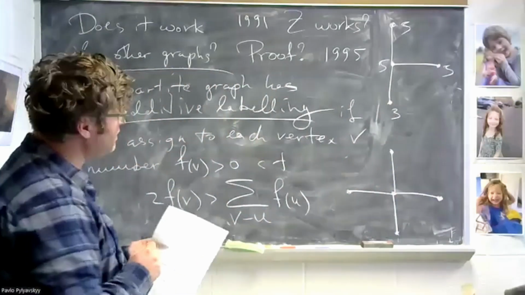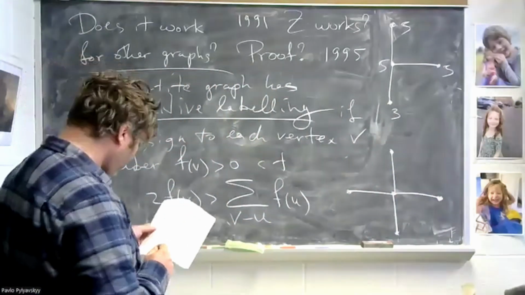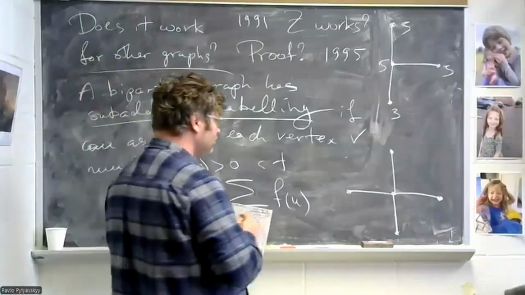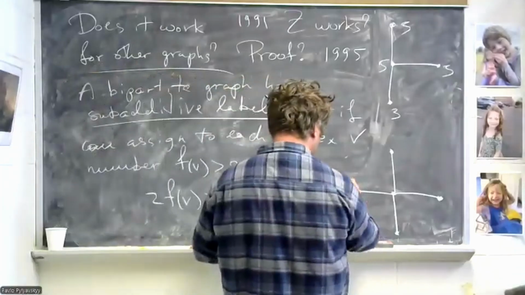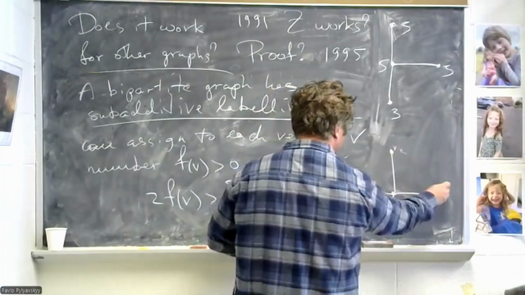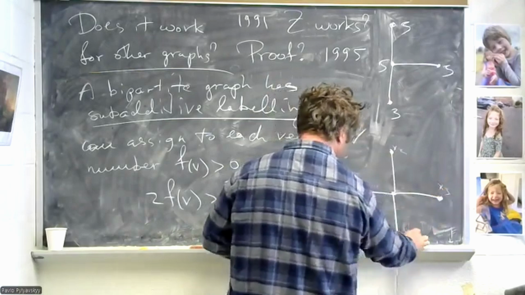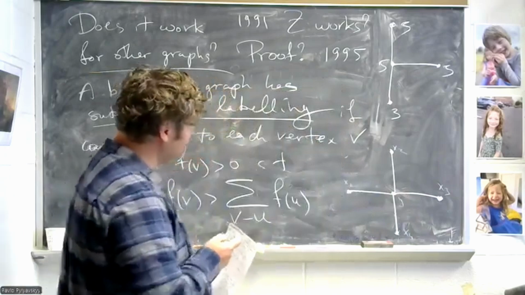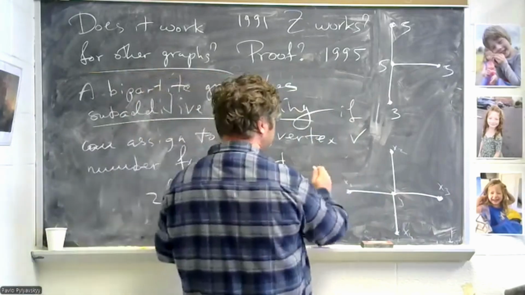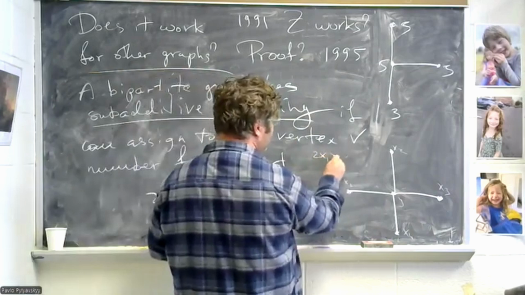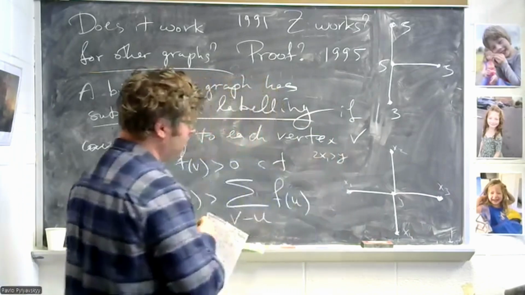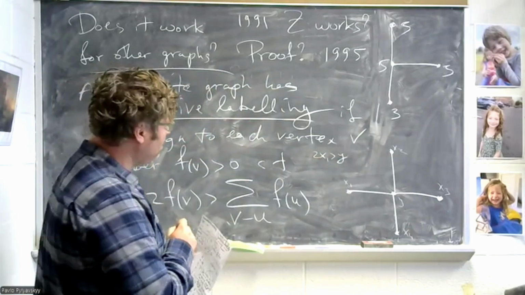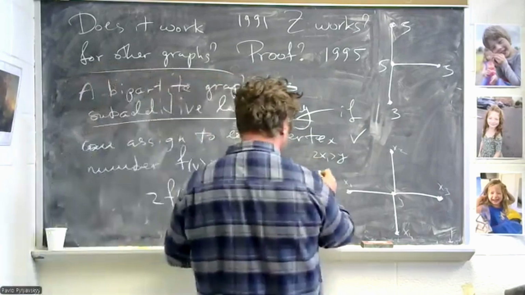This graph does not have a subadditive labeling. Let's try to prove it. Let's call those x1, x2, x3, x4. And let's call this one y. If it existed, we would know that twice x1 is bigger than y, right? Everybody agrees? And the same for the other ones.